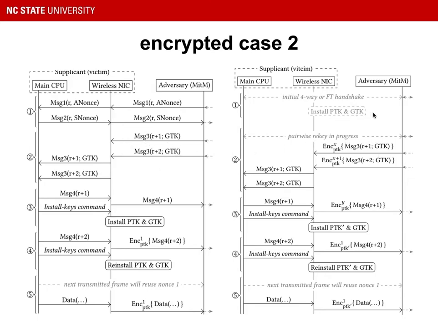The attacker will replay encrypted message 3. And the reason why the attacker cannot use plain text is that in this case, a previous four-way handshake was successfully executed.